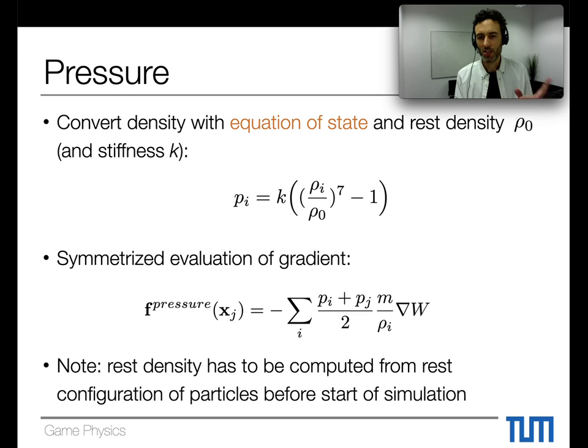So remember, those we get by only evaluating the mass with the kernel weights. We need to turn this per particle density into a pressure. You could just directly scale it, you could have a linear relationship, but turns out that's actually not a good idea. It's typically nonlinear, and this is a popular formulation.